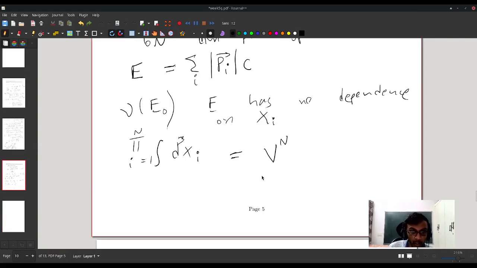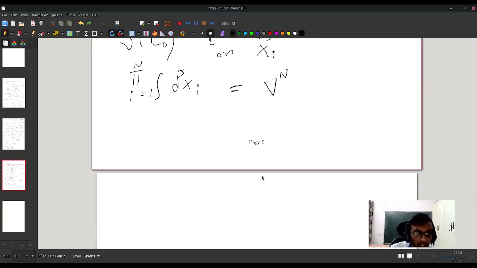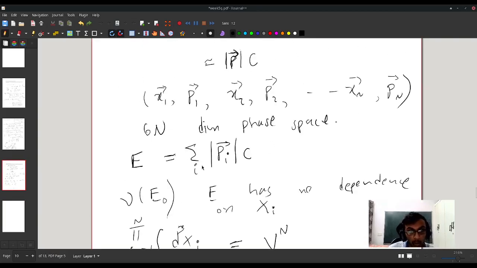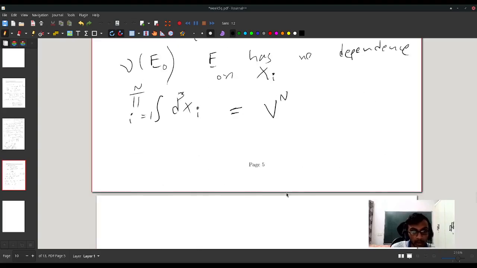Actually we do not need to do the integral, but the phase space volume coming from the momentum variables.